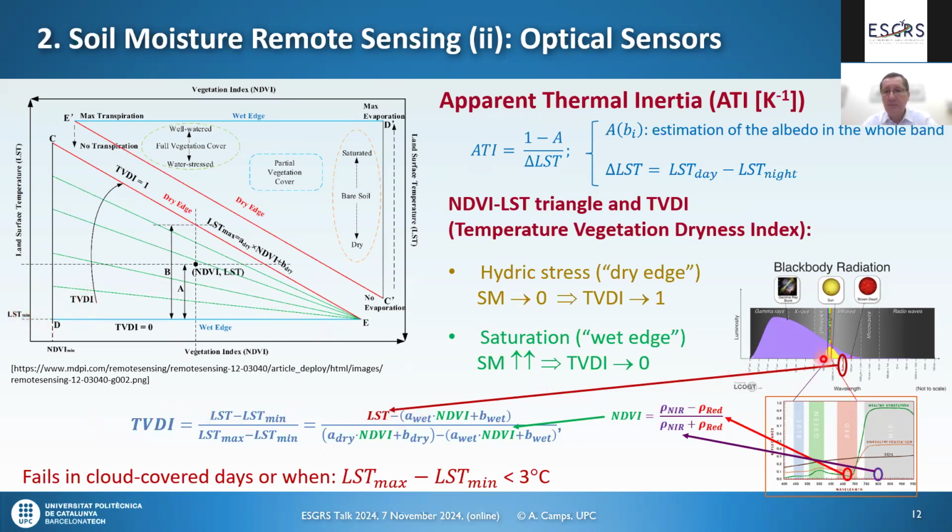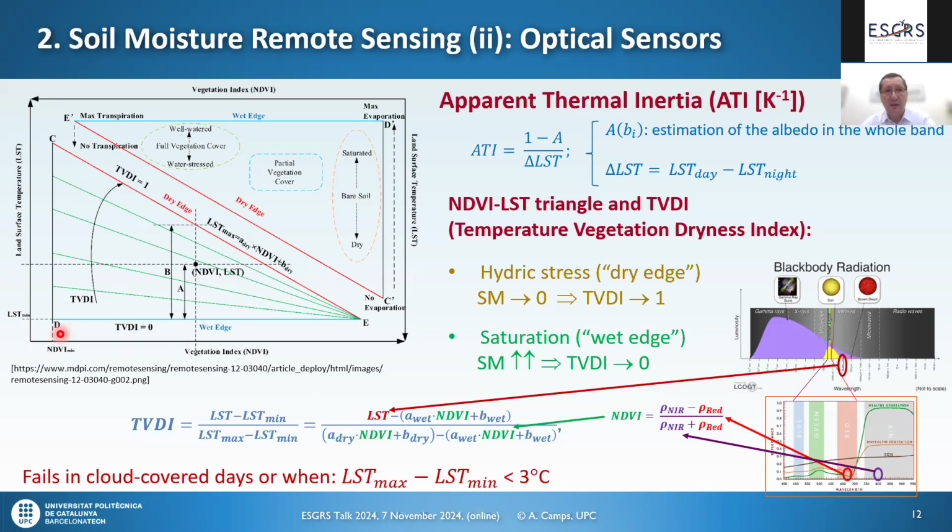The LST is measured in this part of the spectrum, around 10 microns, and the NDVI is measured from the reflectivity in the red and in the near infrared. And basically in this triangle, what you can see is that when the NDVI reaches the minimum value, it means that actually the vegetation is dry. It's not healthy and it's dry because there is a lack of soil moisture.